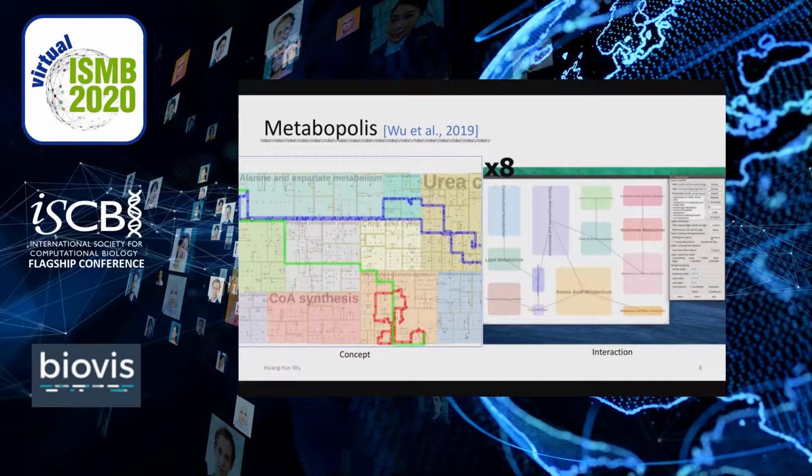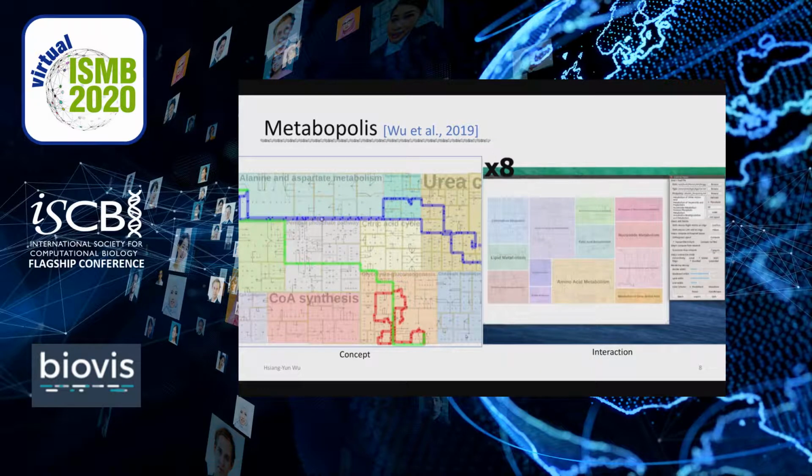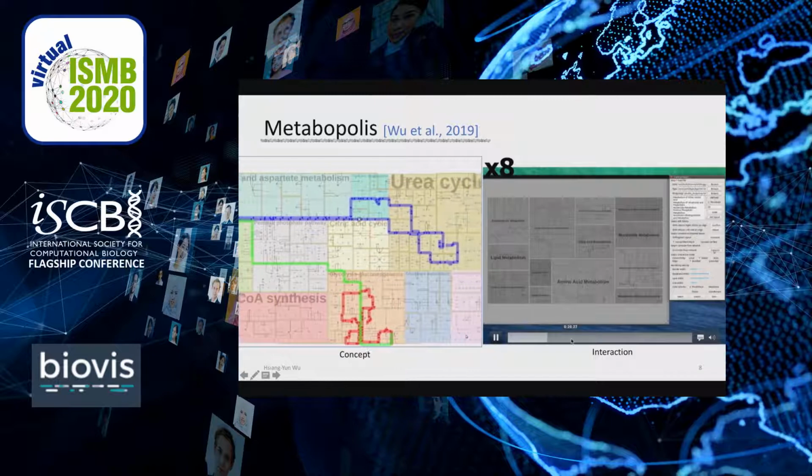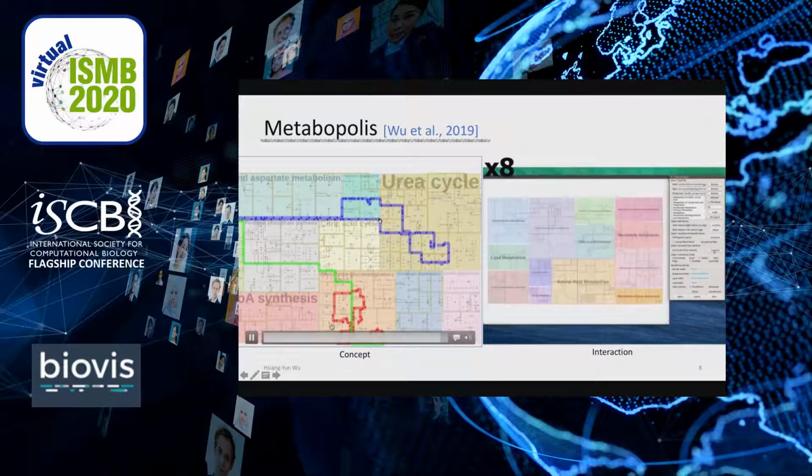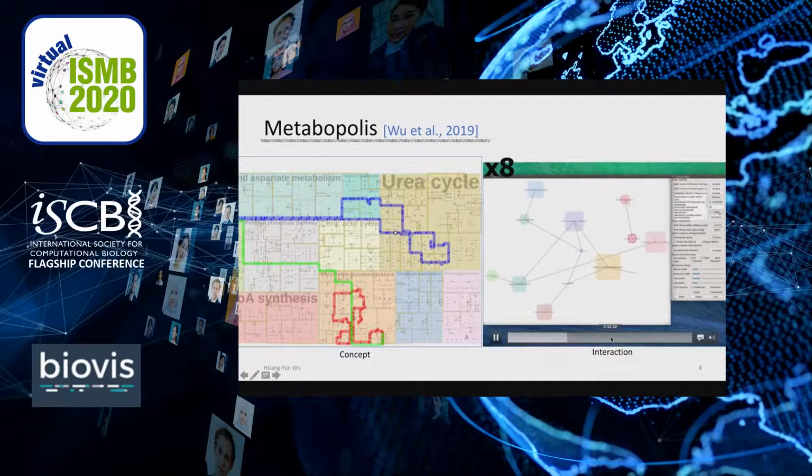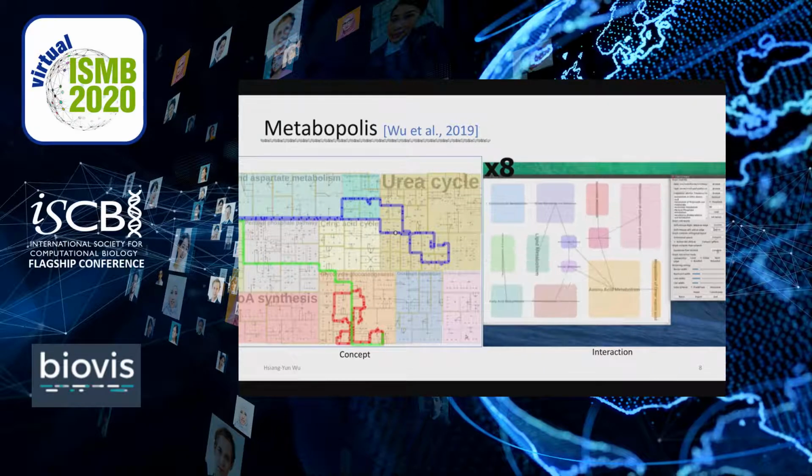Our system also supports interaction that allows users to adjust categories, as well as highlighting the chemical components.